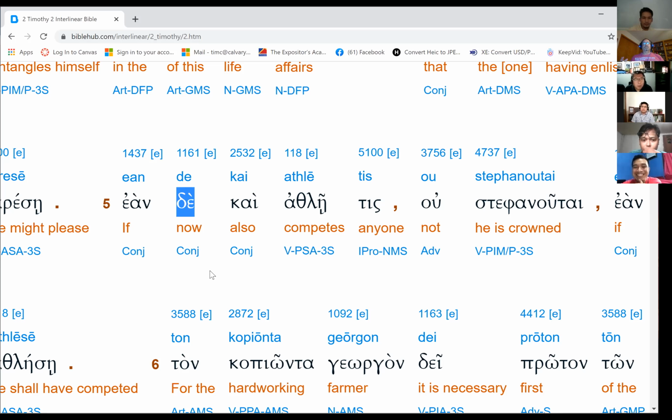So this is an interpretive issue that even the interlinear gives us maybe some clue that kai might be "and," the coordinating idea. And in Greek, that's how kai functions, as a coordinating conjunction. Now, de also functions that way. "If" is a subordinating conjunction.